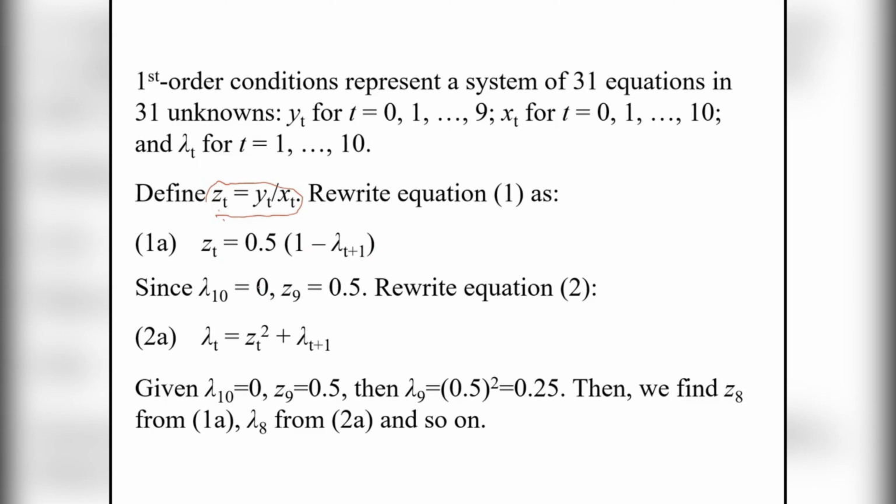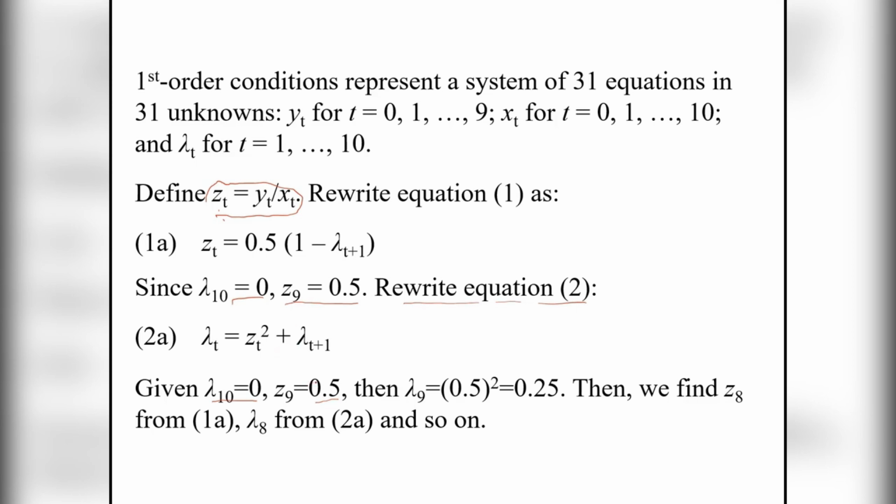Since lambda 10 is 0, we can find z9 being 1/2 using equation 1a, and then rewrite equation 2 as lambda t equals zt squared plus lambda t plus 1.